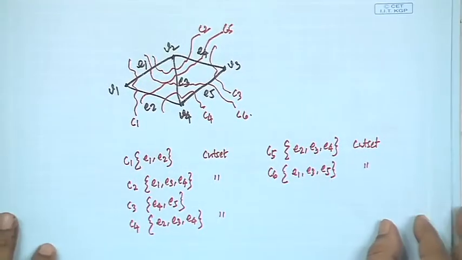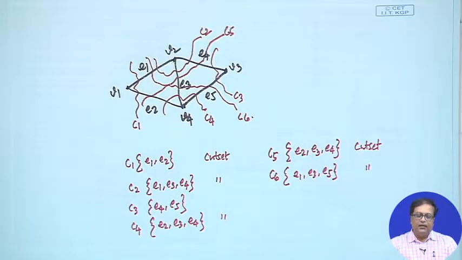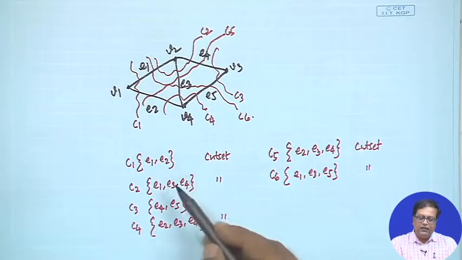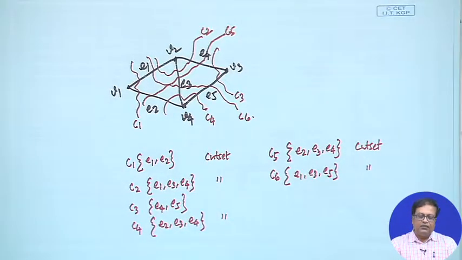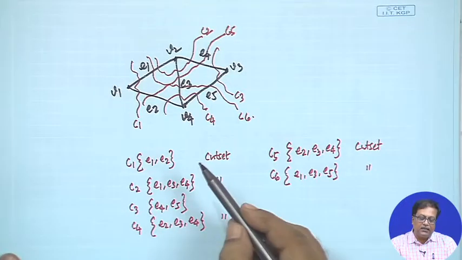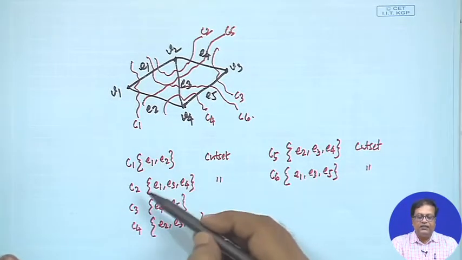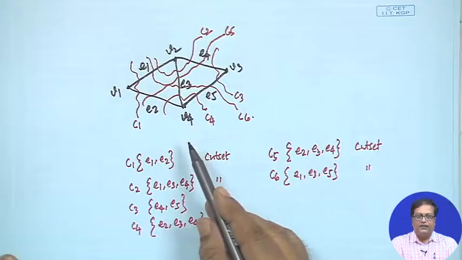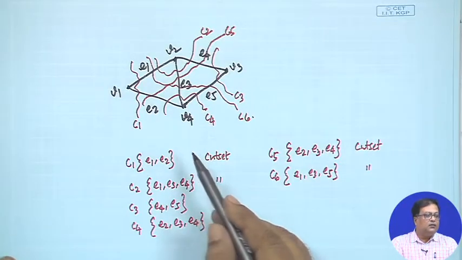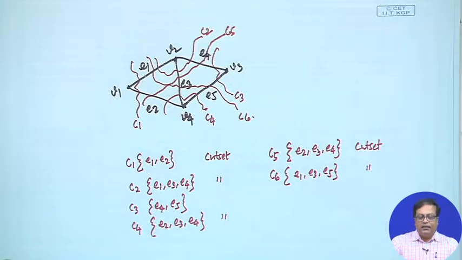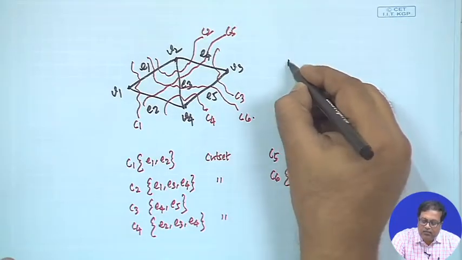So, let us look at this one. Suppose look at this particular slide. Here we have seen the different cut sets. So, what is the number of edges in the smallest cut set? Is it all right?